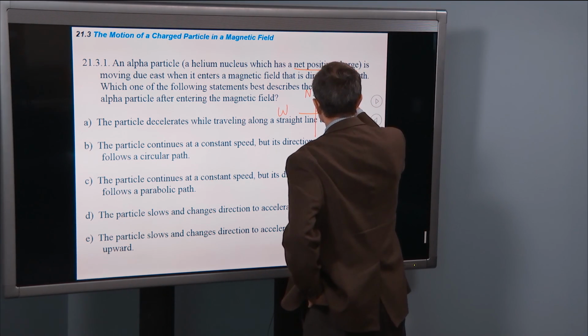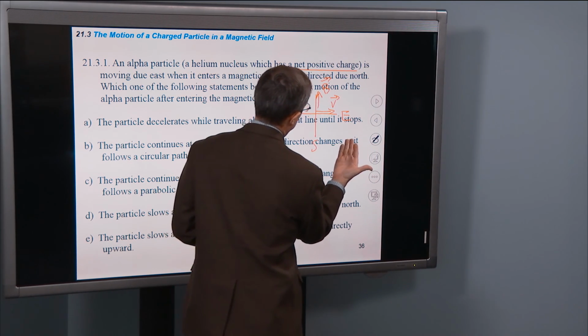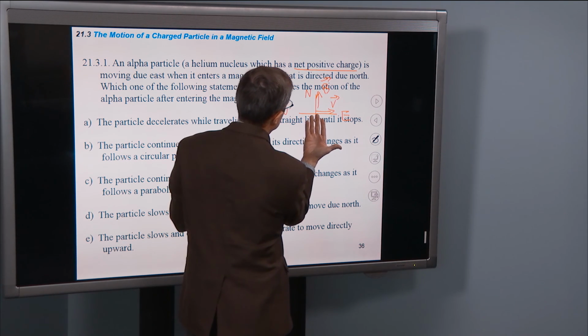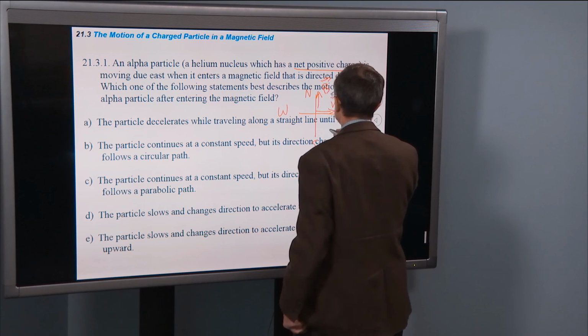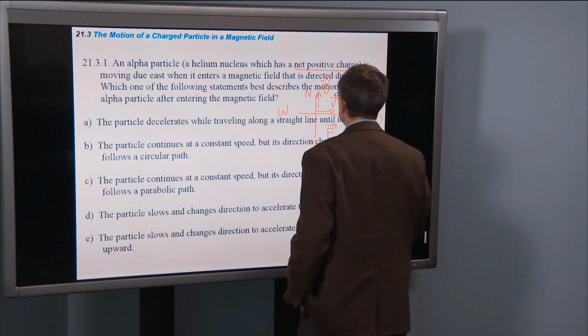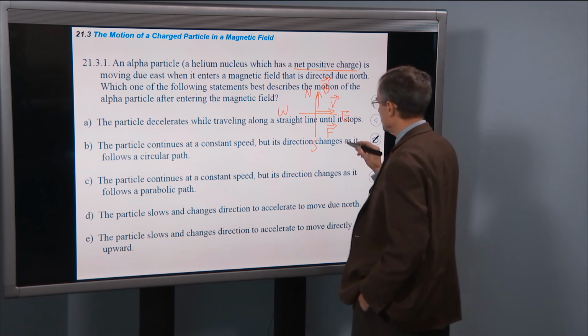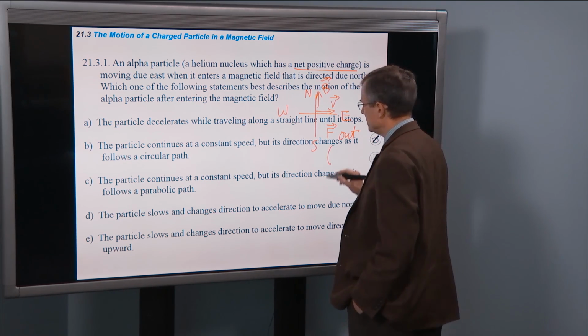That's denoted by B. V, thumb in the direction of V, fingers in the direction of B, the palm points out, so the force on a positively charged particle must be out of the screen, which is up.